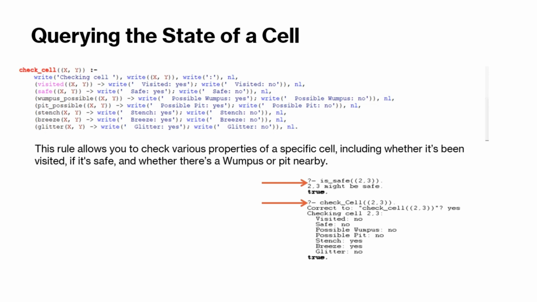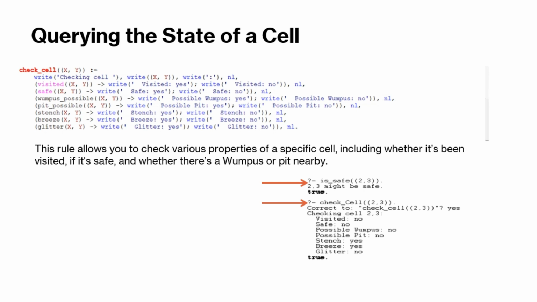It is very important to display the status of the cells, whether they are visited or not, whether there is a Wumpus, stench, breeze, glitter, etc. All these statuses are checked and messages are printed accordingly through this predicate. Here, this is the check cell predicate that takes the arguments x and y, and checks accordingly.